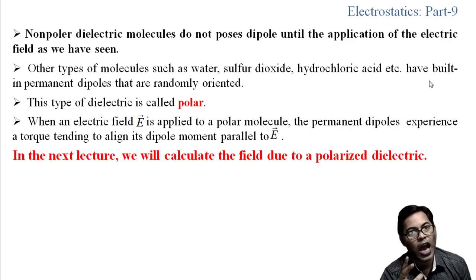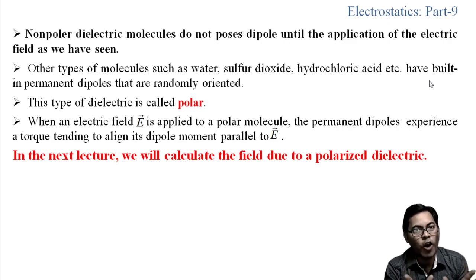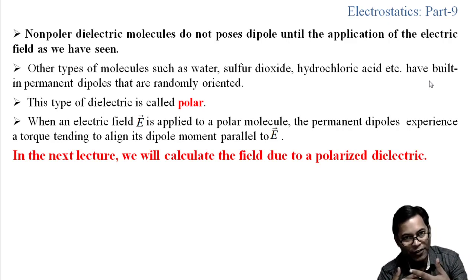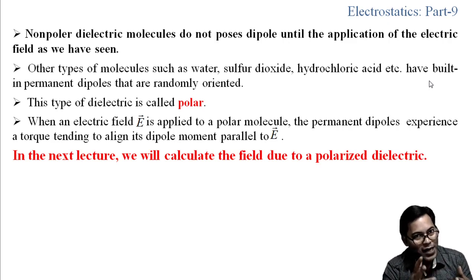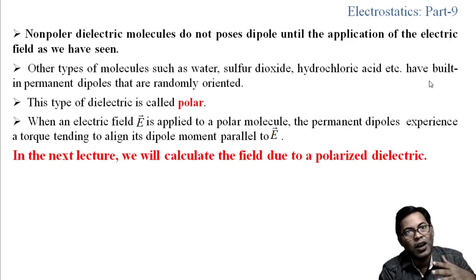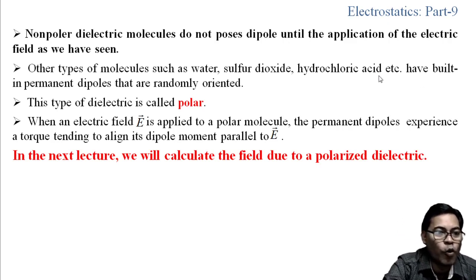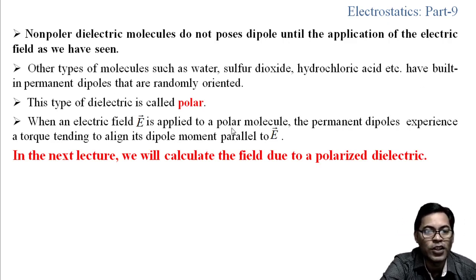The dipoles are built in, but they are randomly oriented. That is why it is not polarized. But when we apply the external electric field, these haphazard dipoles will orient themselves parallel to the external electric field, and we will get the polarized material. So when an external electric field is applied to the polar molecule, the permanent dipoles experience a torque tending to align their dipole moment parallel to E.